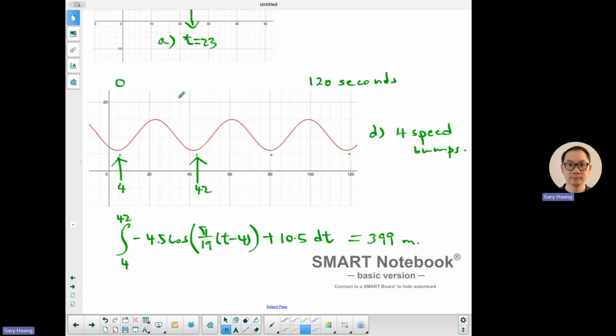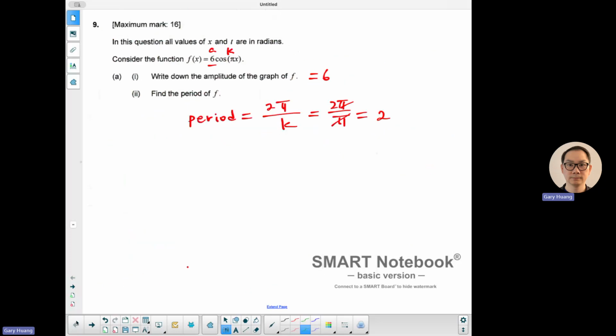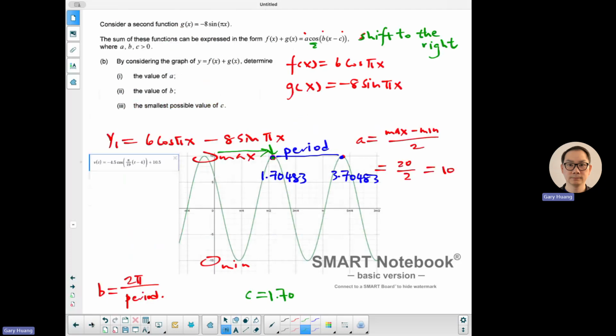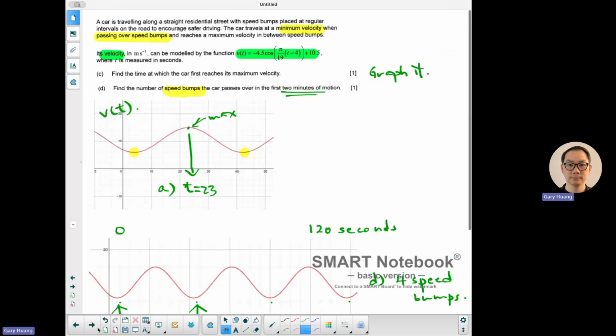Okay, so this is number 9 of the November 2024 paper 2, which includes some trigonometric modeling, right, in terms of a, k, d, c, the amplitude, the period, and so on and so forth. Here's a combining of function using a graphing calculator. Second half of the question is the kinematics. You're given the velocity function. You want to find the maximum velocity.